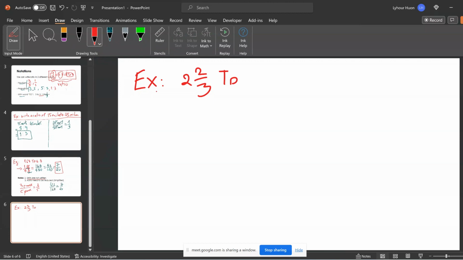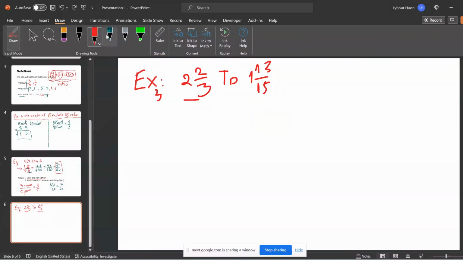Now example 3. For this ratio, we write 2 and 2 over 3 to 1 and 13 over 15. These two are mixed numbers.